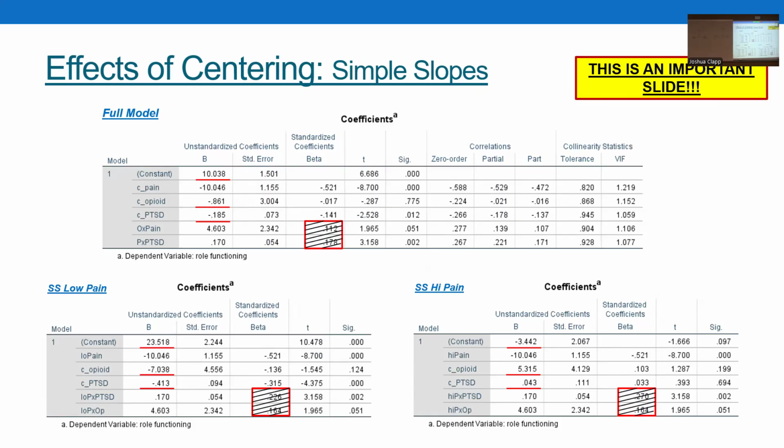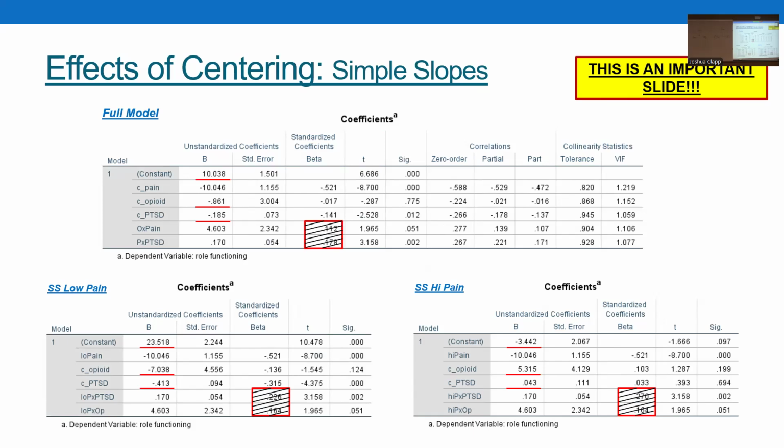What you're not going to see is a change in your coefficient for pain across all of these. We've recentered pain, but we didn't recenter anything else. In this model, we're still looking at the average levels of PTSD and controlling for opiate use. So this did not change across any of these.